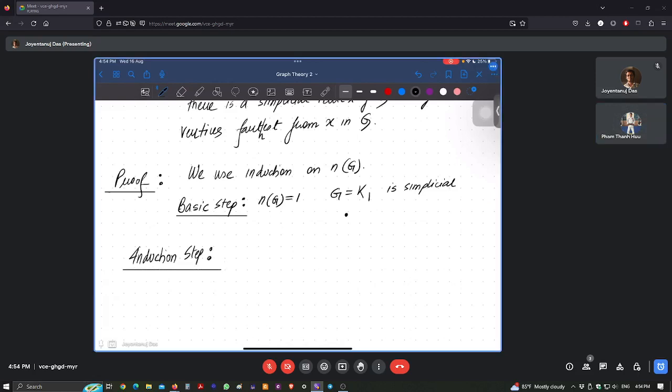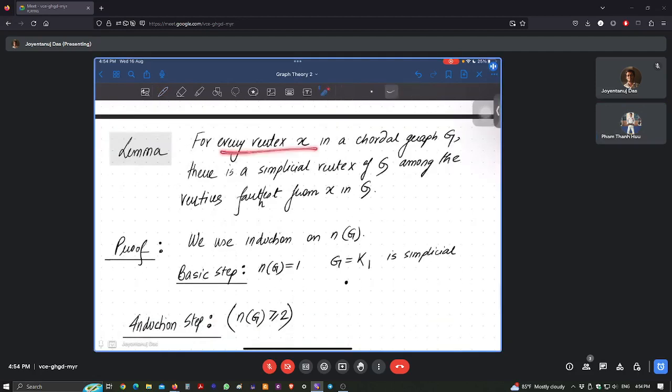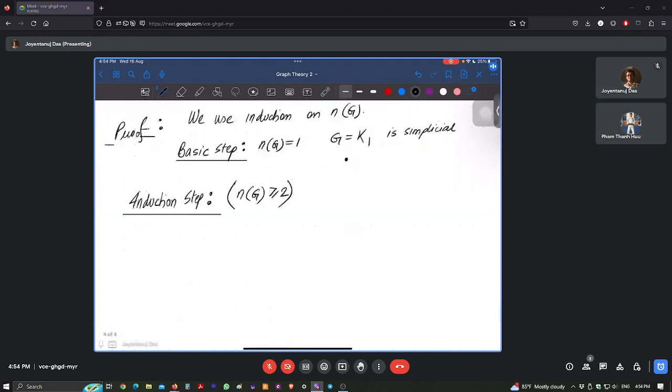Here we assume that the number of vertices is at least 2. We have to show it is true for every vertex, so we have to do some case work.